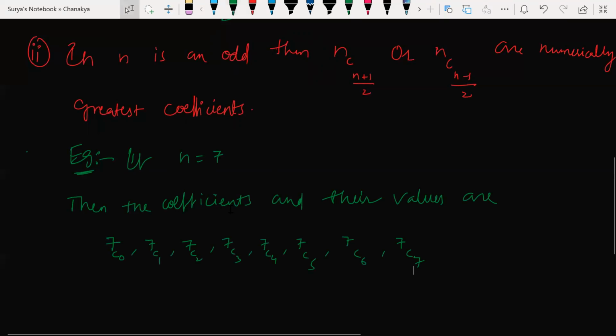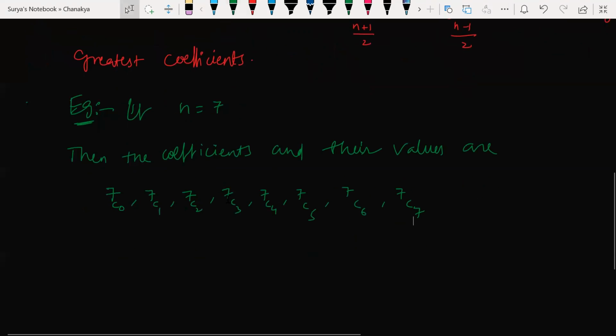Clear? So basically, if I solve this, 7C0 is what? 1. 7C1 is 7. 7C2 is what? 21. 7C3 is what? 35. 7C4 is what? 35. 7C5 is also 21. 7C6 is 7 and 7C7 is 1. So these are the coefficients and their values.